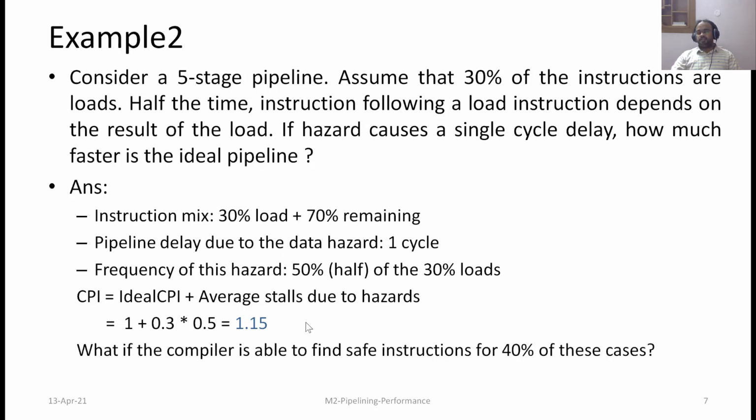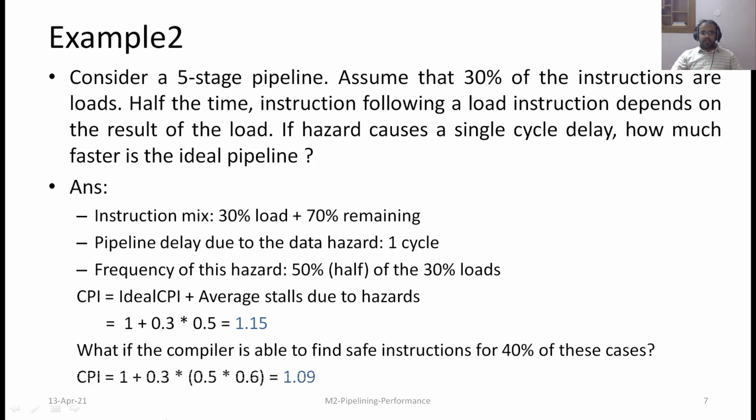Now let's extend the question further. Suppose the compiler is able to find a safe instruction and reorder the instructions so that the data hazard will not happen. Among that 50% of the time, for 40% of the cases it is able to find a safe instruction.